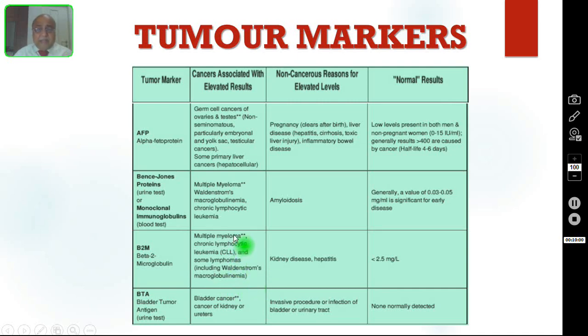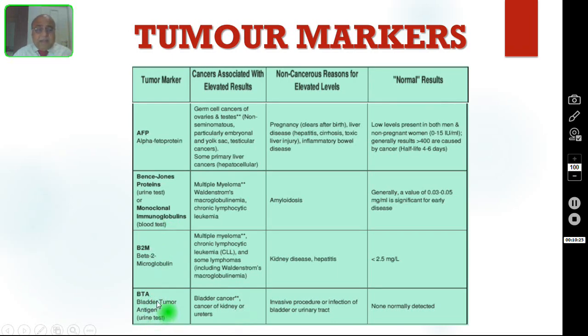These are the cancerous causes. The non-cancerous causes are kidney disease and hepatitis; B2M will also be elevated. The normal value is always less than 2.5 milligram per liter. If it is more than that, that means it is elevated.